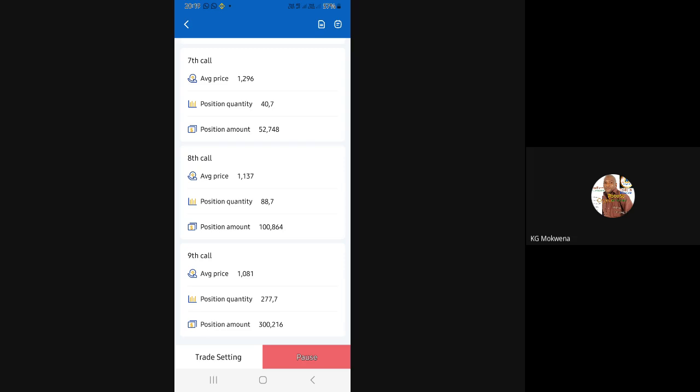It is the price at which this quantity of 277.7 MTL was bought. The robot bought that with an amount of $300.21, so to speak. So that's what happened there.